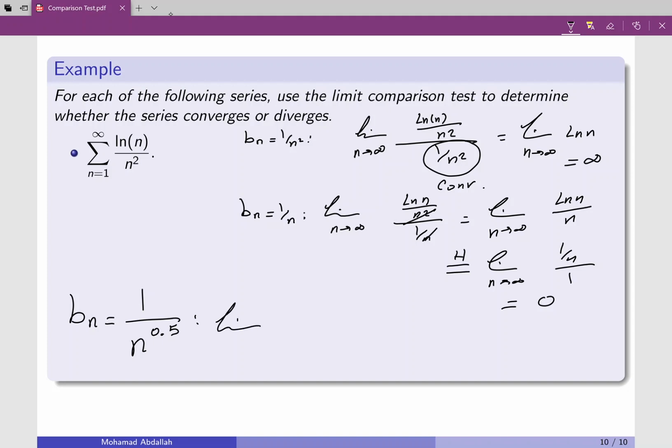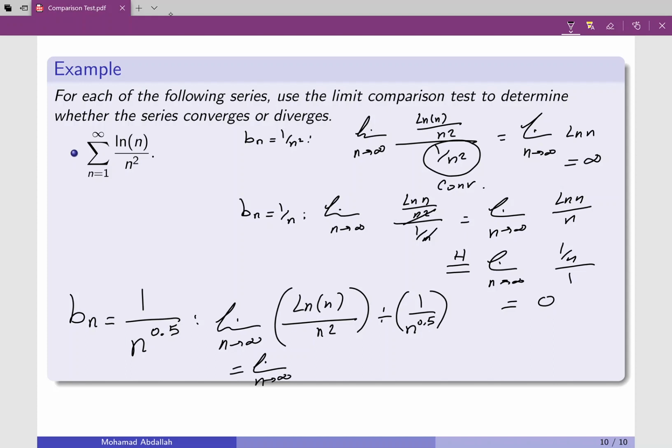So the limit when n goes to infinity of ln n divided by n squared, so this is an divided by bn, which is 1 over n to the power 0.5. This is equal to the limit of ln n over n squared times n to the power 0.5, which is the limit of ln n over n to the power 1.5.